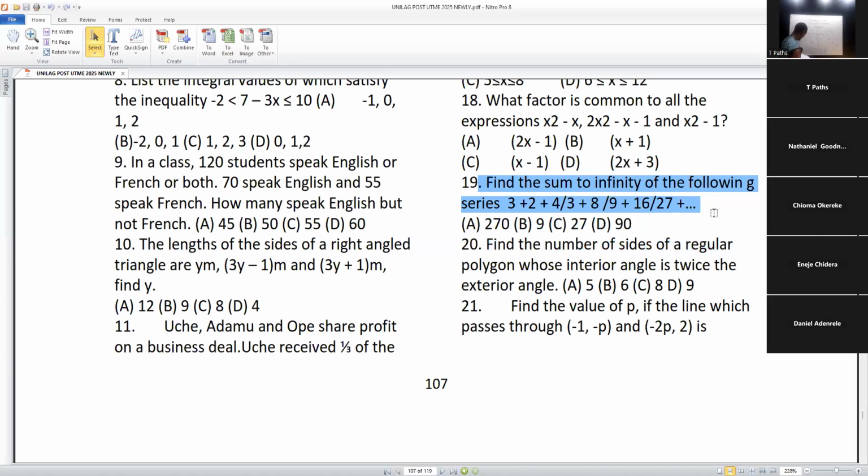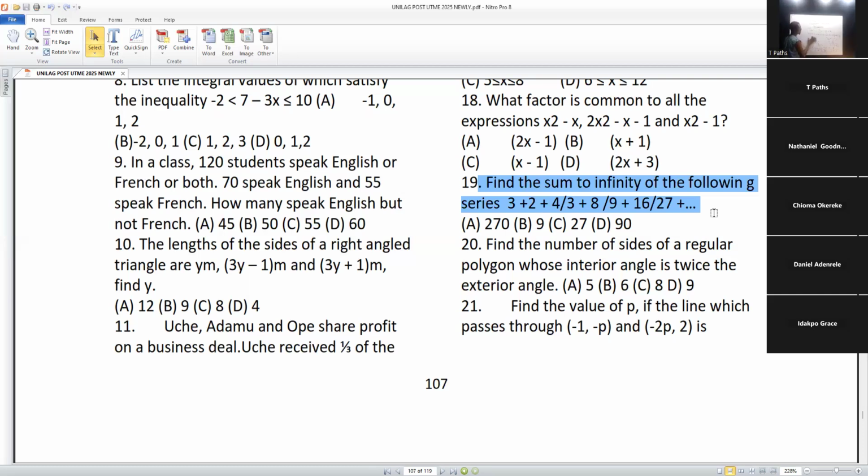So here it says the series are 3 plus 2 plus 4 over 3 plus 8 over 9 plus 16 over 27 plus etc. Find the sum to infinity of this series.